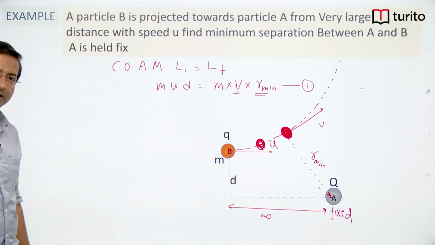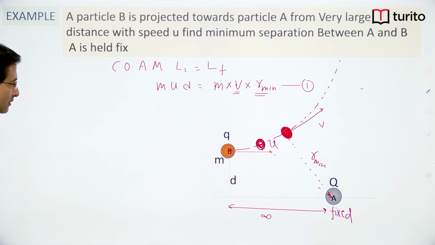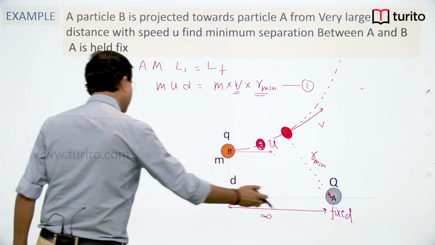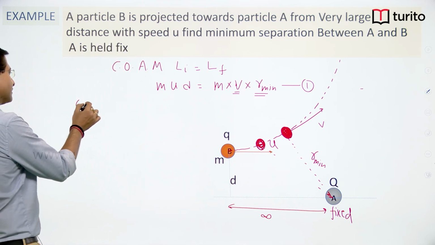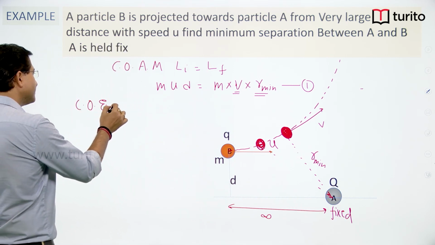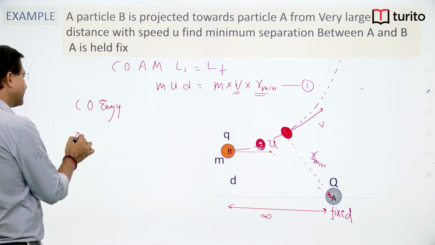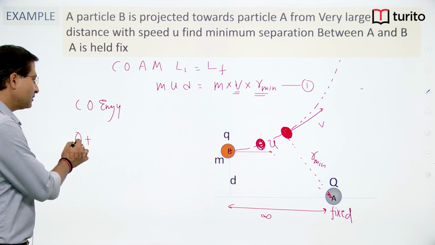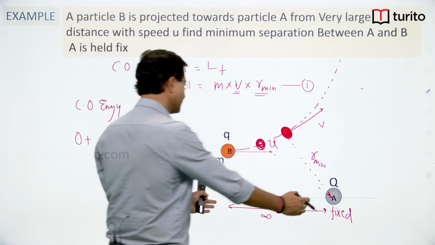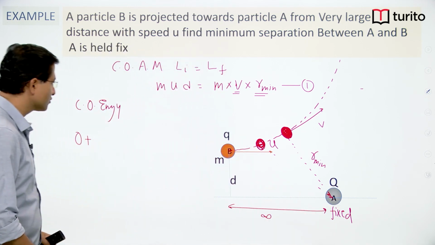Another equation, conserving energy, right. So, initially they were at infinite separation. So, initial energy: initial potential energy 0 at infinite separation, and initial kinetic energy half m u square.